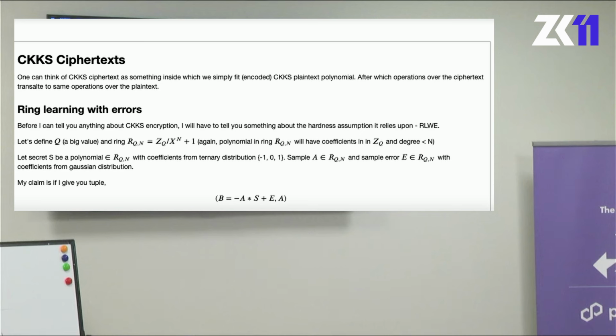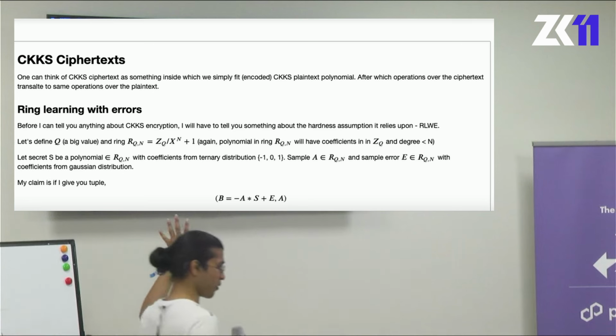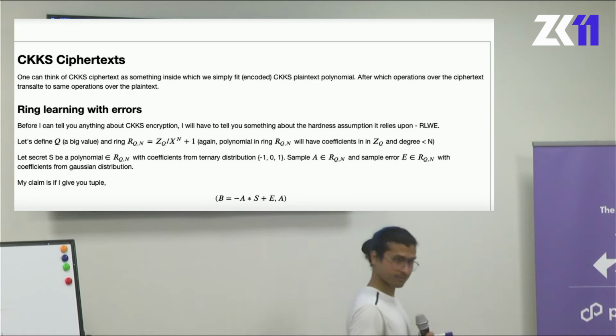So if I give you B and A, you can never find what S is. This is known as the search variant of RLWE. There's a decisional variant as well, but we don't care about it right now. Cool. So this is the hardness assumption that we're making for building CKKS.